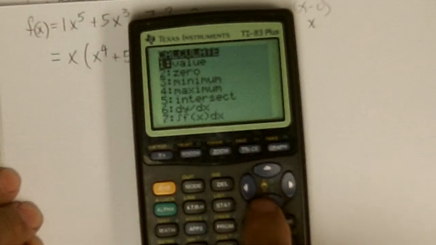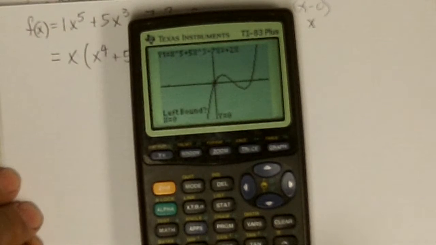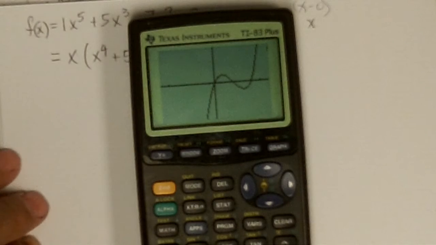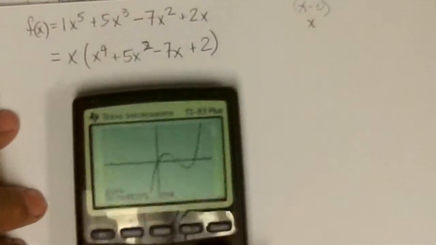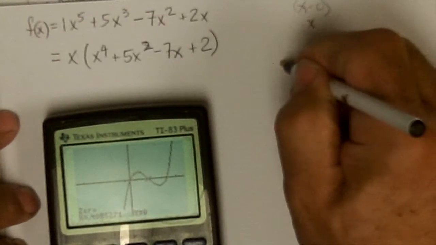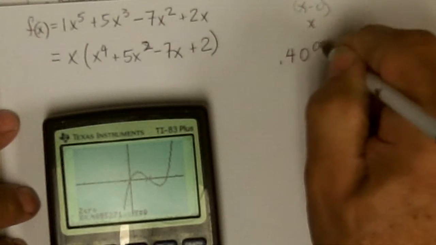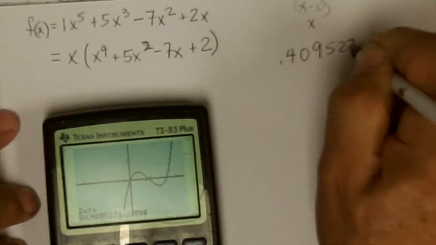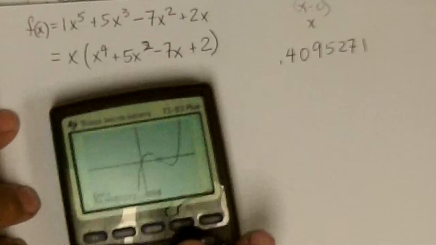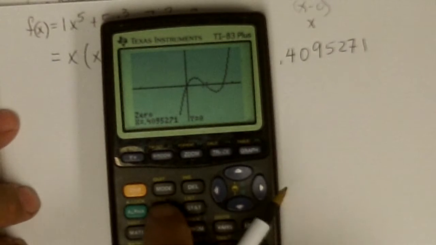Second, calculate the zero. That's somewhere between 0 and 0.6. And I think it's about 0.5, and it says it's not. It's 0.4095271, and actually that's what x is.